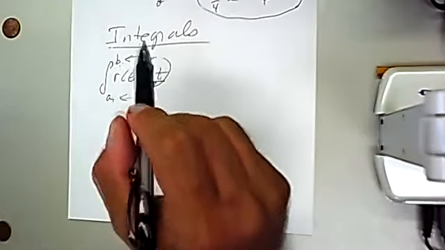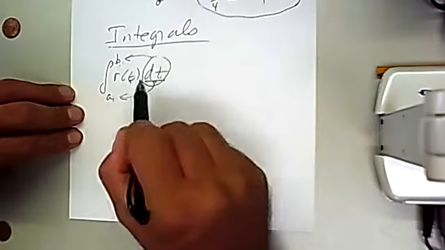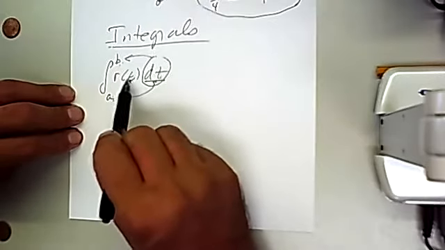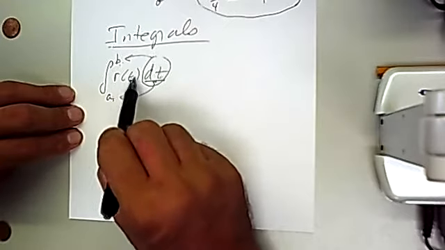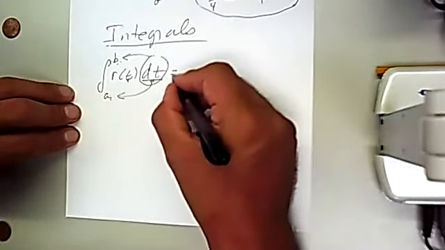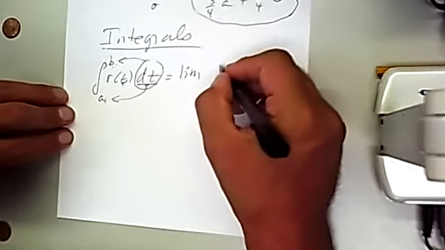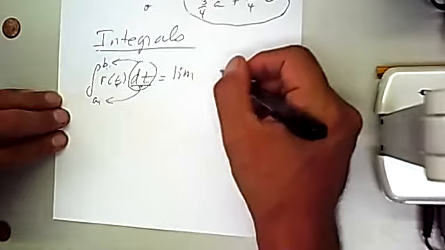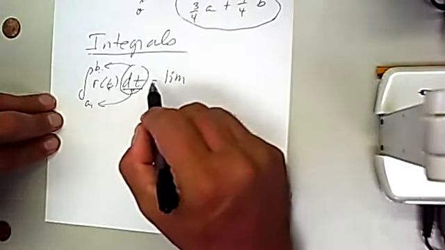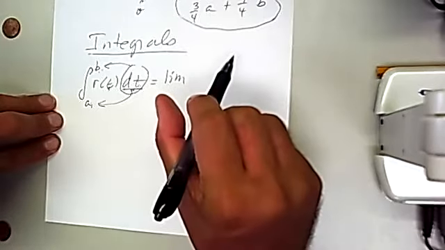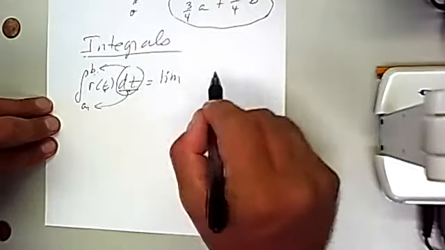And that may or may not have something to do with this variable. Usually it does, otherwise we're integrating a constant, or a constant relative to t. So what does that mean? Remember from calculus 2, or calculus 1 for that matter, this is the limit. There's a couple different ways to define this, but let's assume we're using a partition, and the lengths of the intervals of the partition are equal.